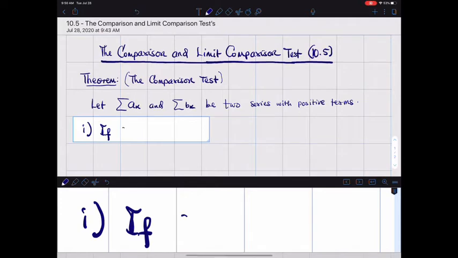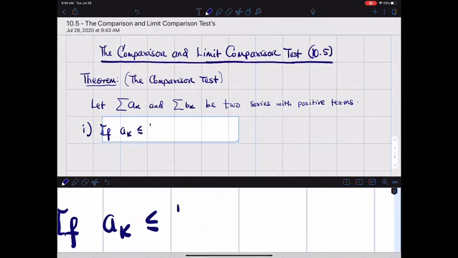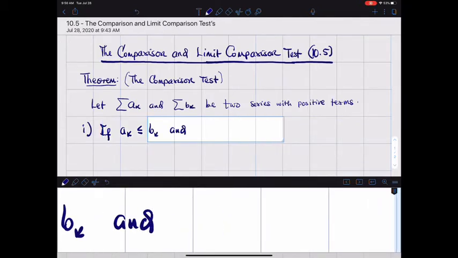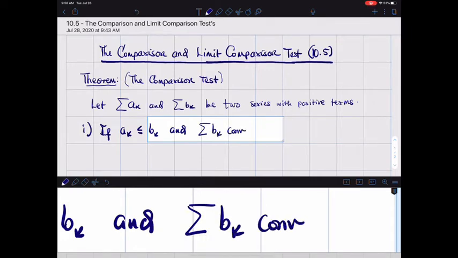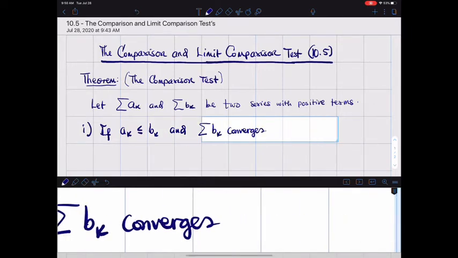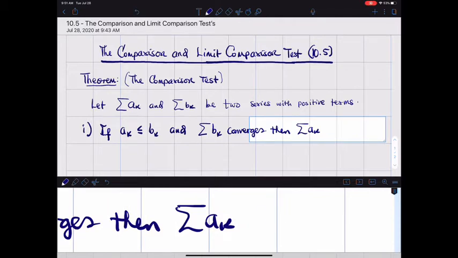if the terms a_k are less than b_k for each k, and the series b_k converges, then the series a_k has to converge.